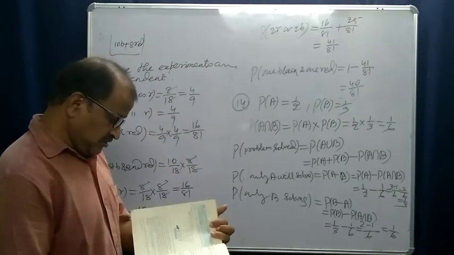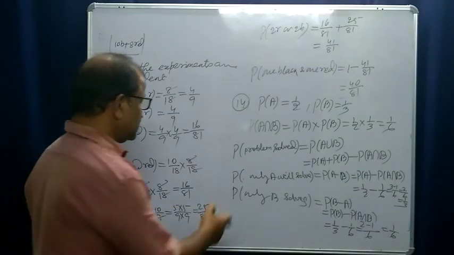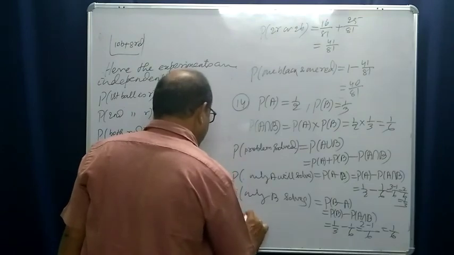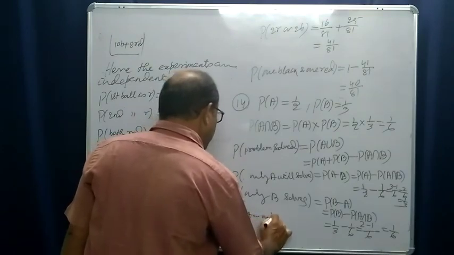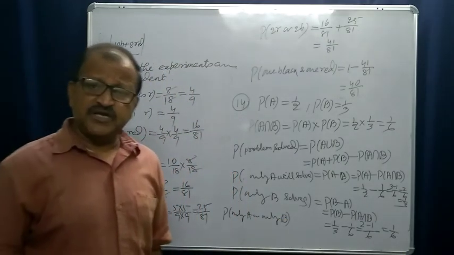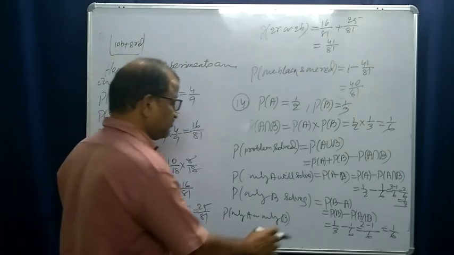Now what is the question? Exactly one of them solved. That means probability of only A or only B. A difference B and B difference A are mutually exclusive.